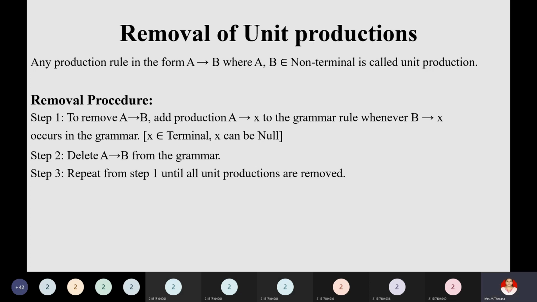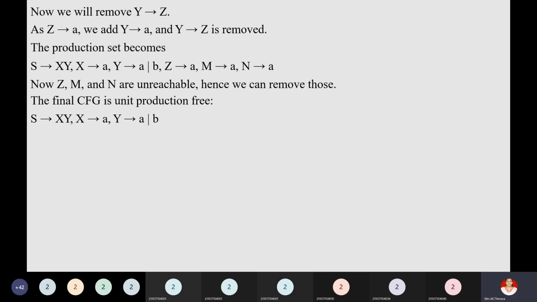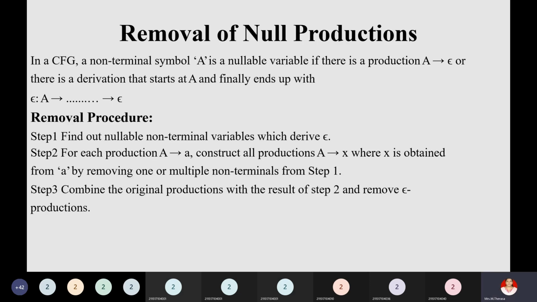And the last step is removal of null production. For that, you have to know what a null production is. In a context-free grammar, a non-terminal symbol A is a nullable variable if there is a production A tends to epsilon, or there is a derivation that starts at A and finally ends up with epsilon. So there are 3 steps to remove the null production.